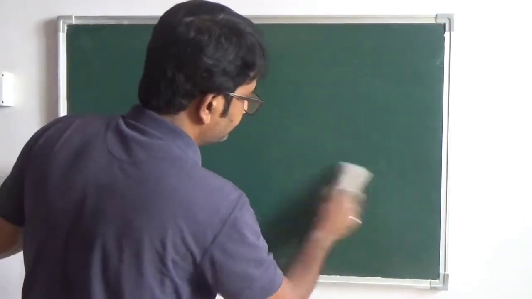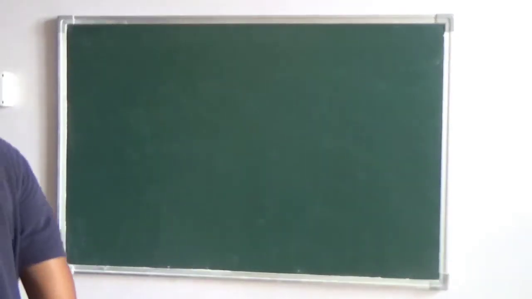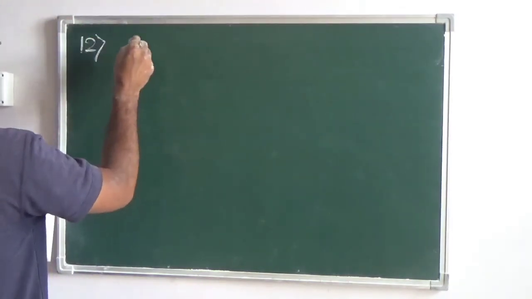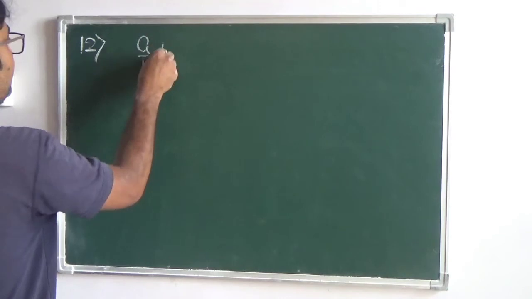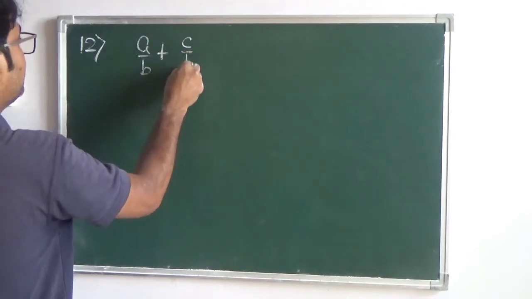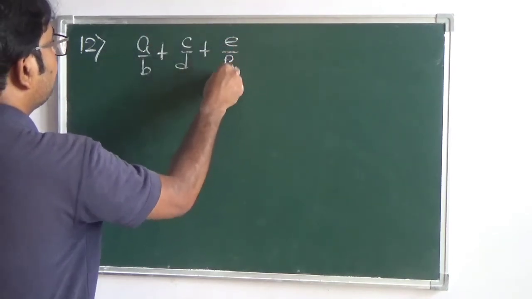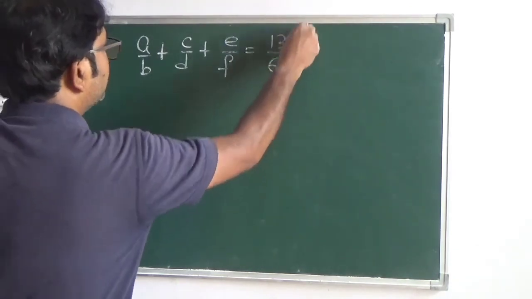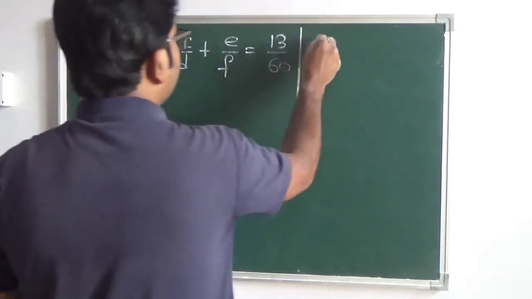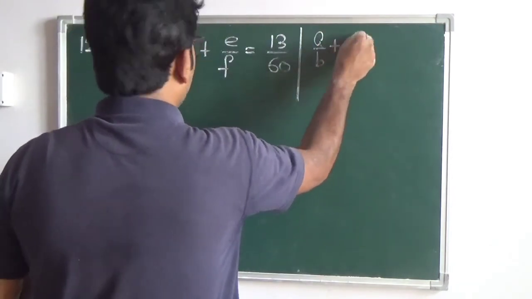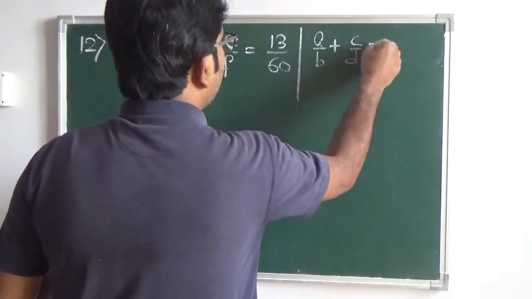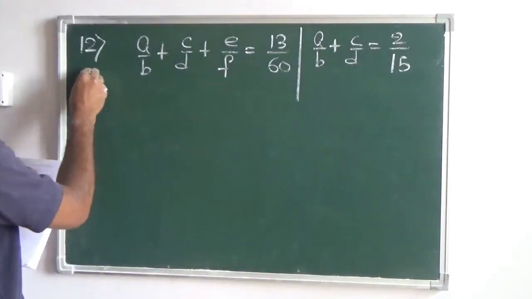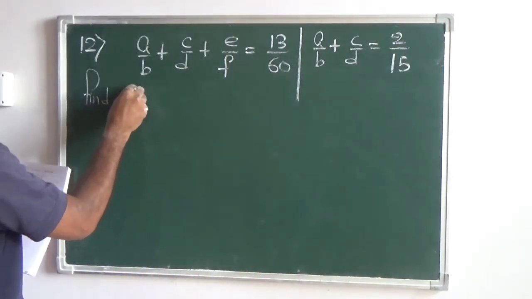A by B plus C by D plus E by F is equal to 13 by 60, and also A by B plus C by D is equal to 2 by 15. You have to find E by F.